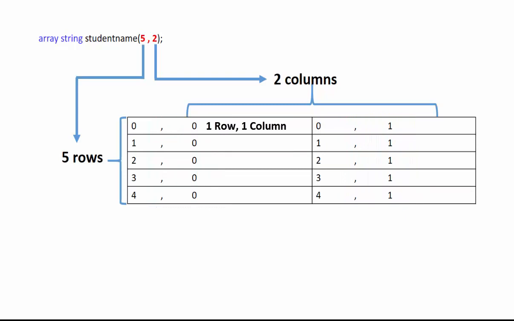When we look at it visually, 00 indicates that we are in the first row and first column. 01 means the first row and second column. 10 represents the second row and first column. When you are here, read it as follows: second row, second column.